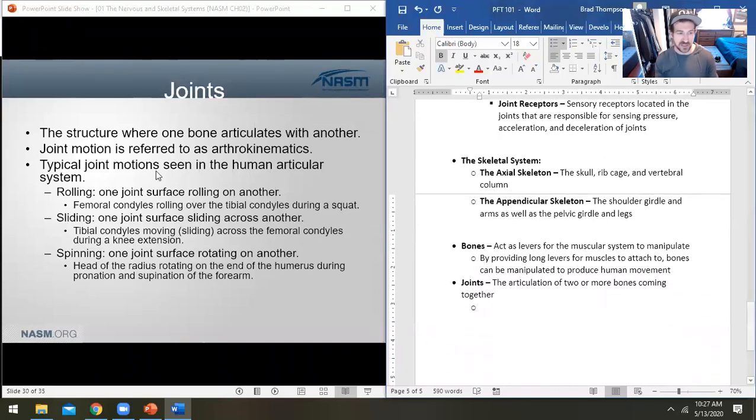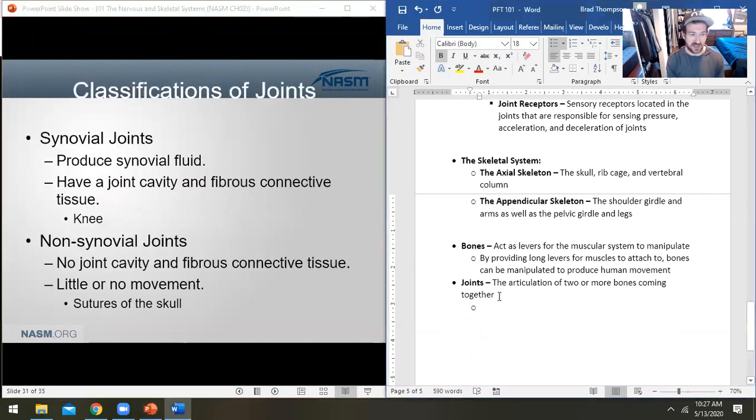Now in your joints, you are going to have specialized structures. You're going to see synovial joints. Actually, we'll do non-synovial first. Non-synovial joints are joints that are articulations that do not have a joint cavity.